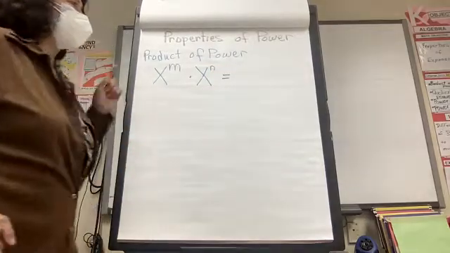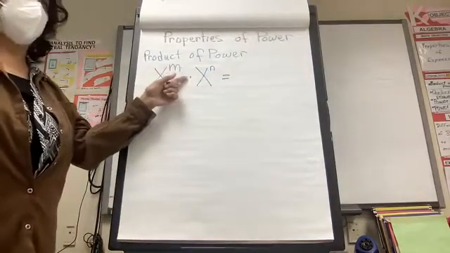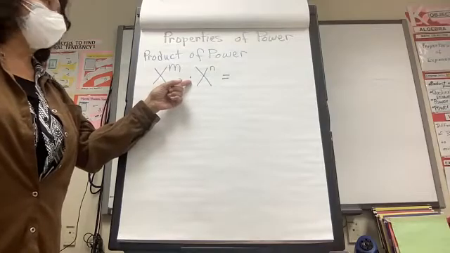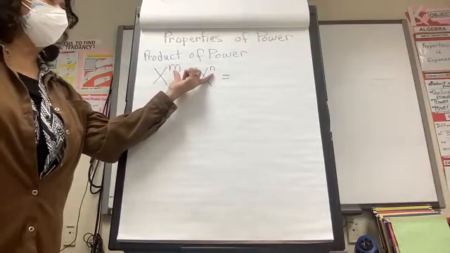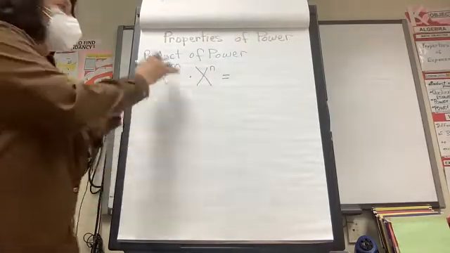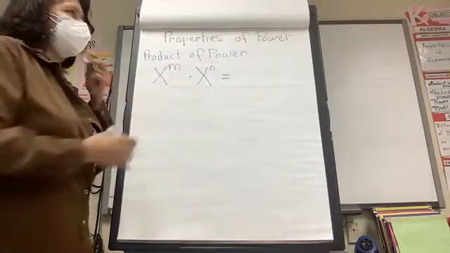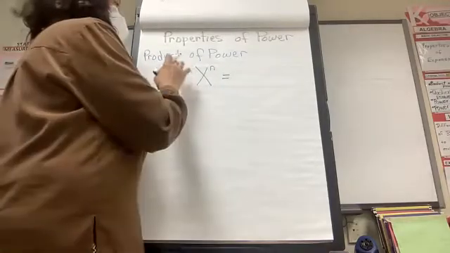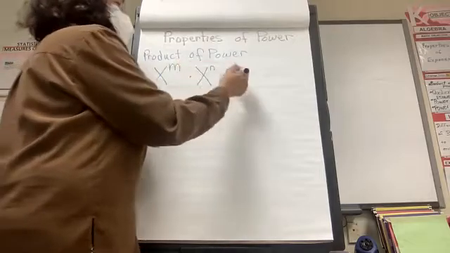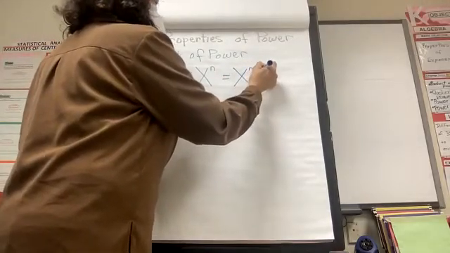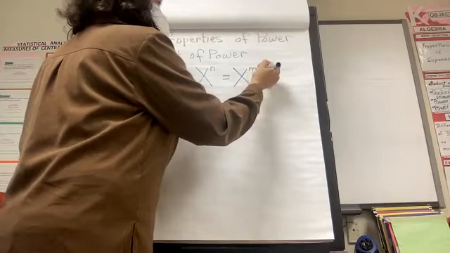This is a multiplication problem. The word product indicates that it's a multiplication problem. But the powers are the little numbers that sit on the shoulder of the base number. And when you are multiplying, the powers add. So x to the m times x to the n is x to the m plus n.